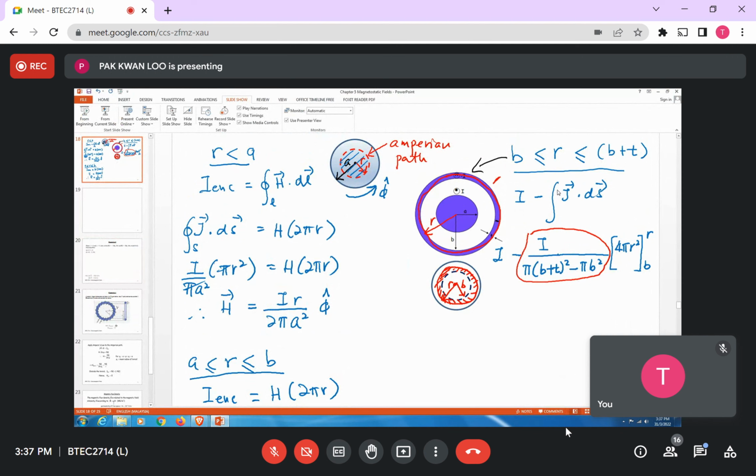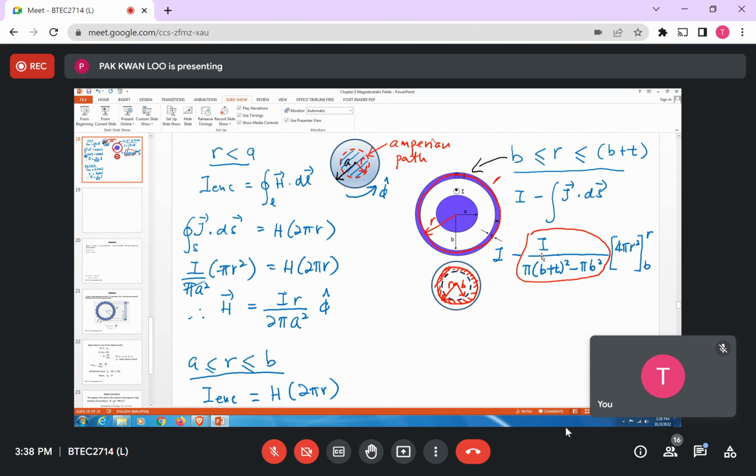So the current density J: the outer conductor is carrying a current negative I, therefore there's a negative sign here.